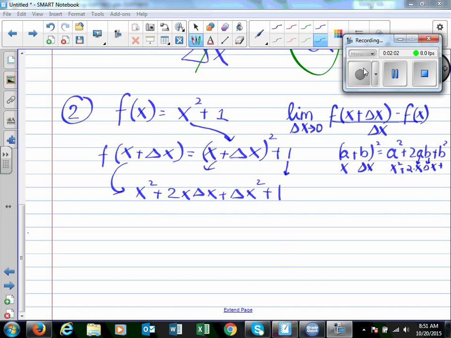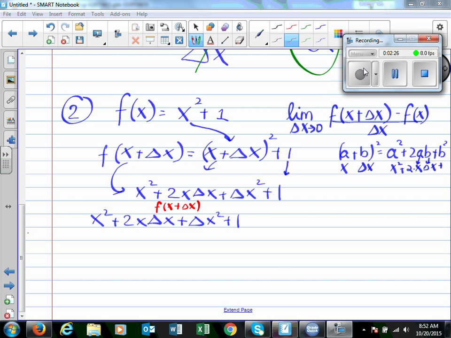Now you substitute in the limit definition of derivatives and you get x squared plus 2x delta x plus delta x squared plus 1. So this whole thing is f of x plus delta x. Follow it?